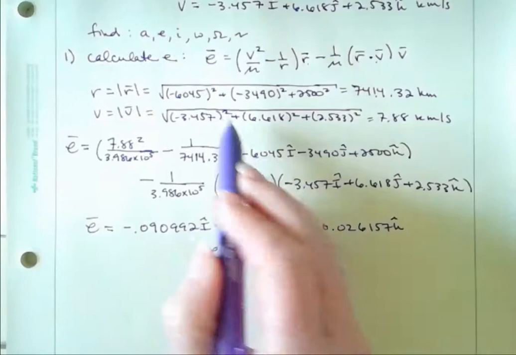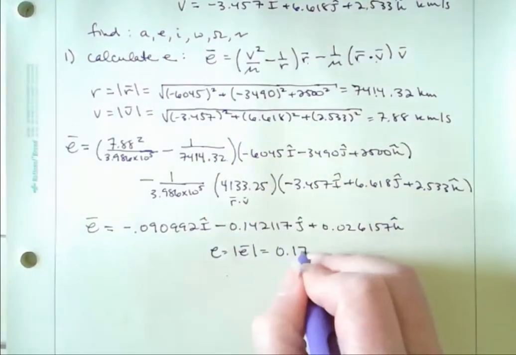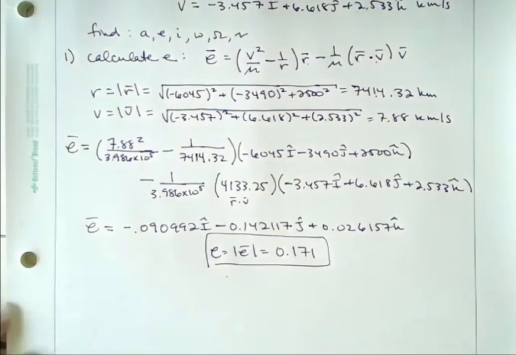For this you get 0.171. So that's your eccentricity for this orbit.